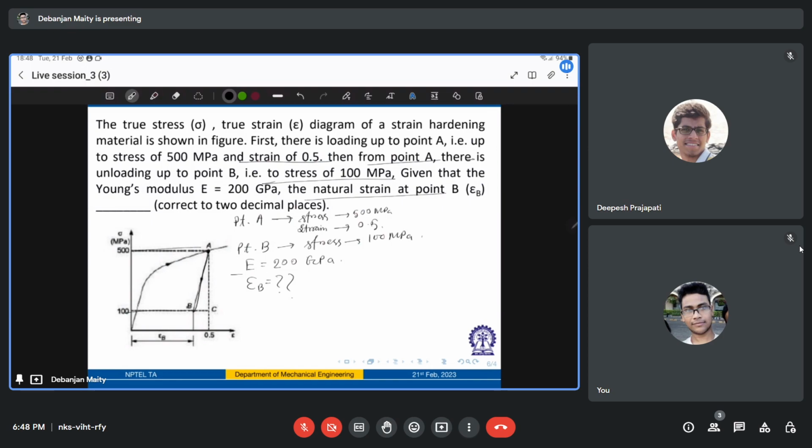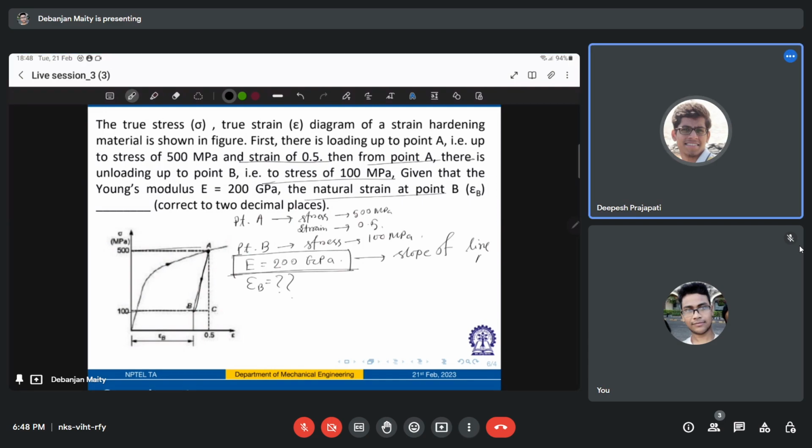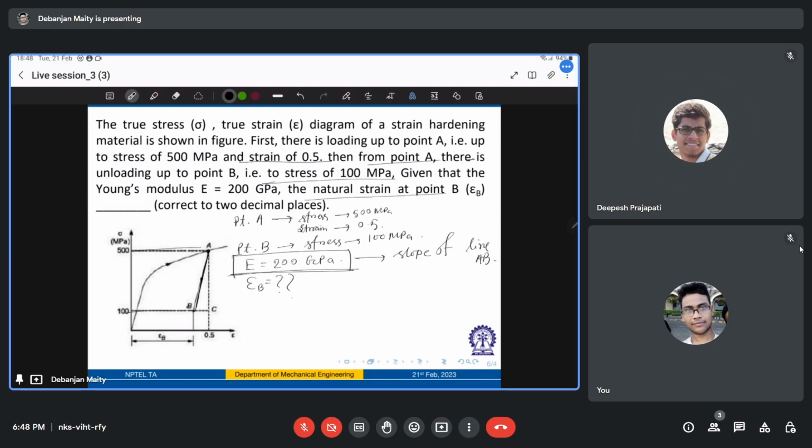So what can you tell from basically value of E? Can you tell that this is the slope of this line, slope of line AB in elastic region? Yes. So if this is your slope E, you can think of it as this tan theta value, correct?